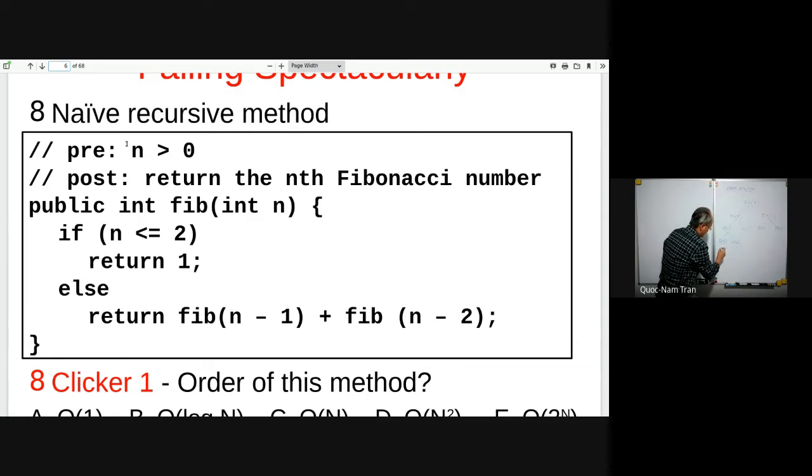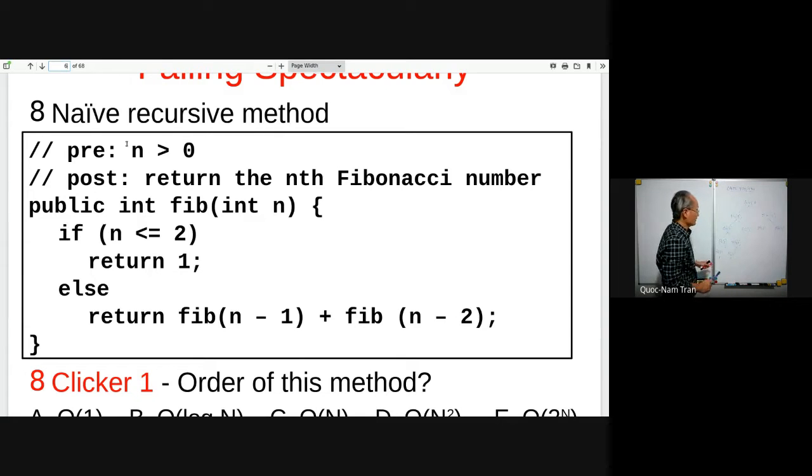This one is the base case, right? Fib of 1, and this one will be the base case again, right? But from here, you can see that fib of 3 is recalculated multiple times, right?